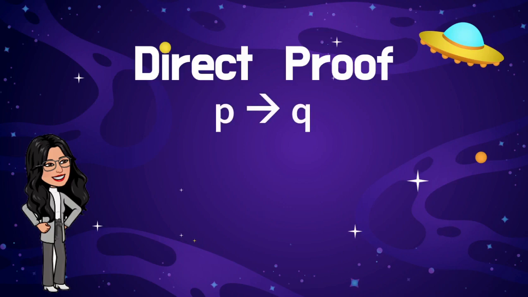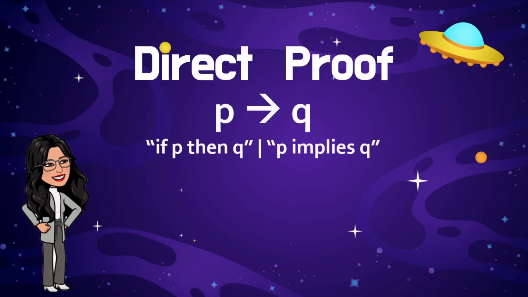Remember, again, we are going back to our conditional statements. So, ito yung mga statements na if P then Q or P implies Q. Okay, so the first thing we need to do is to assume that P is true. Kasi 'di ba dati we are determining the truth value ng ating statements.